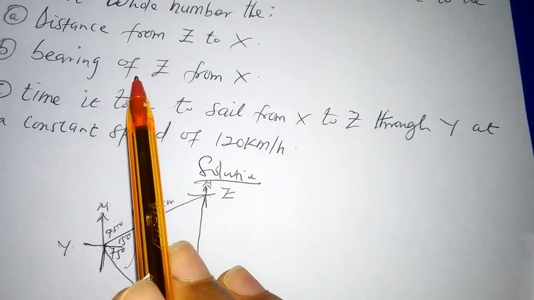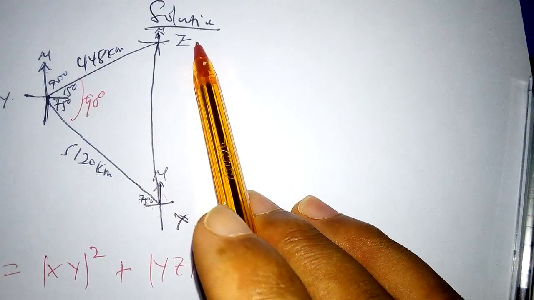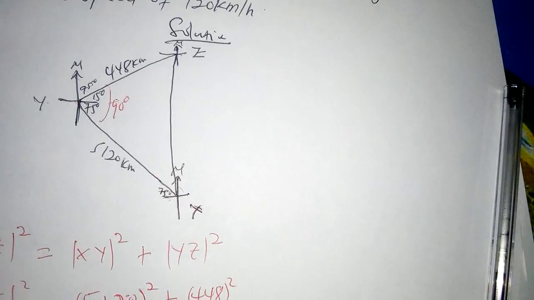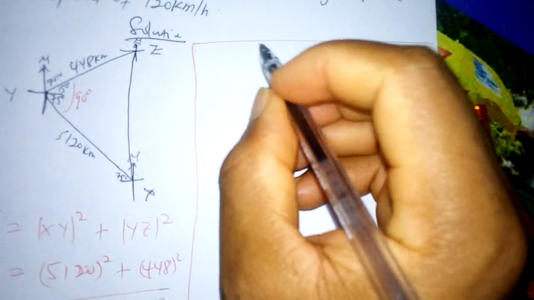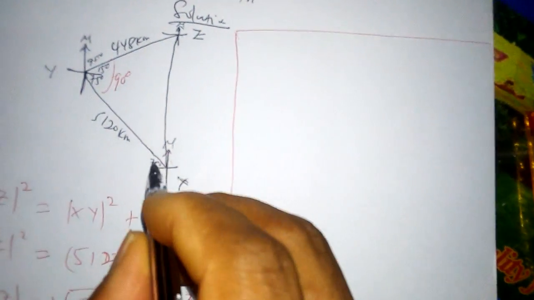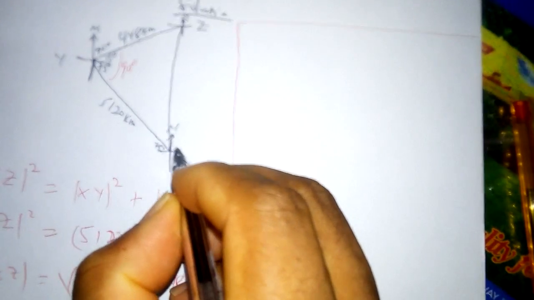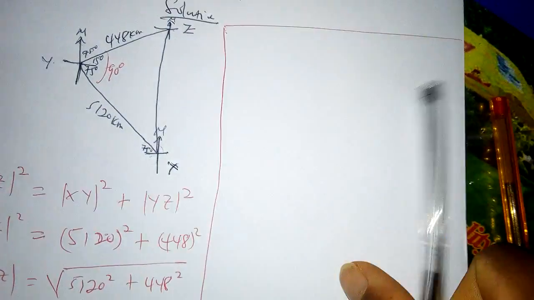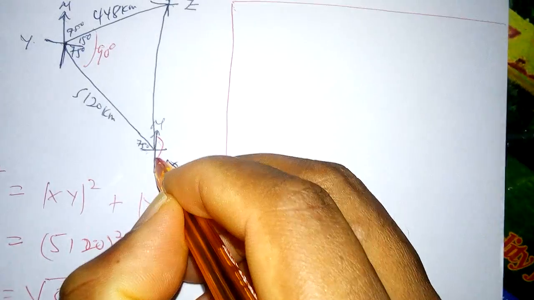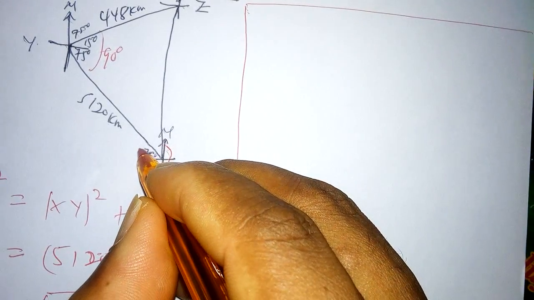Now we want to find the bearing of Z from X. That is what we want to find now. To get the bearing of Z from X, we need to get this angle, because it moved from the North Pole over here, from here to here.